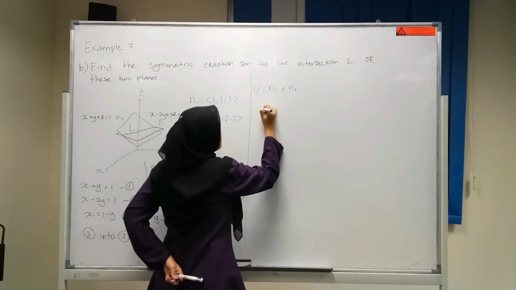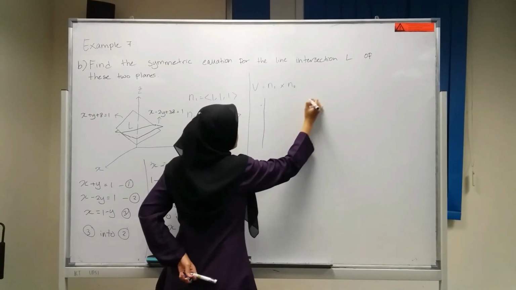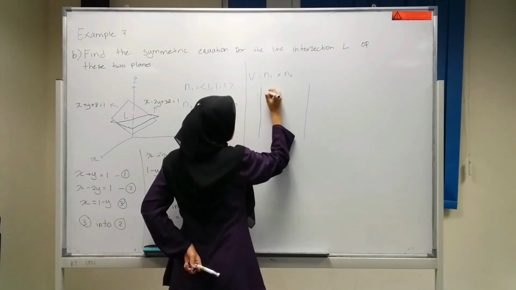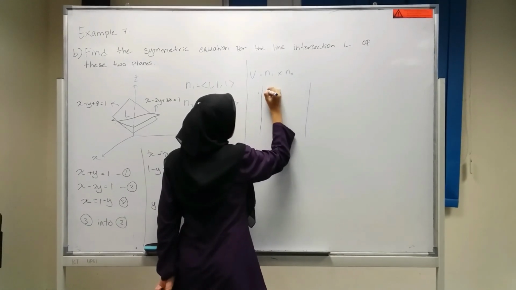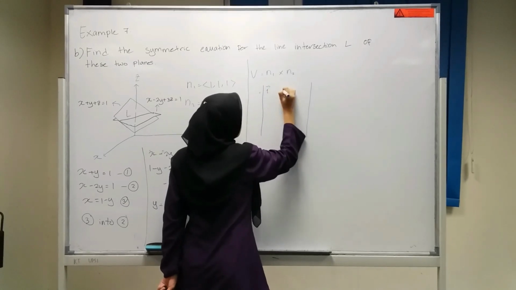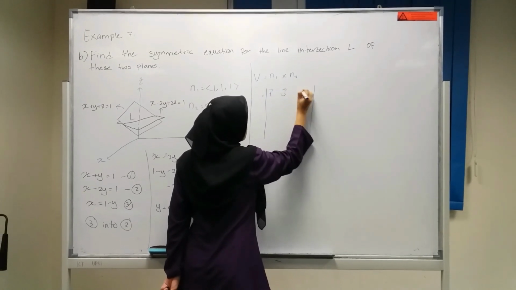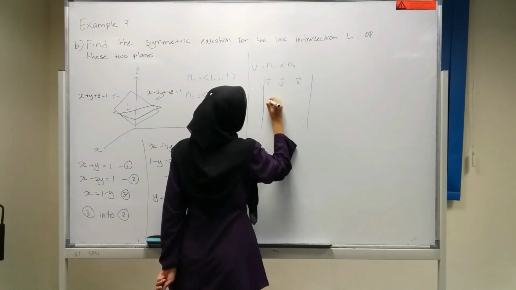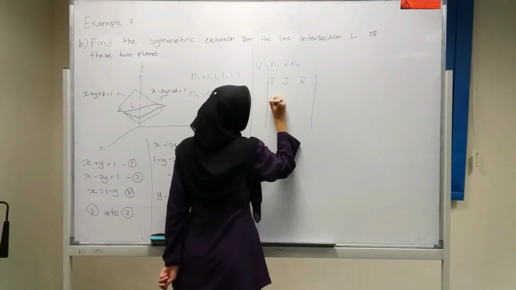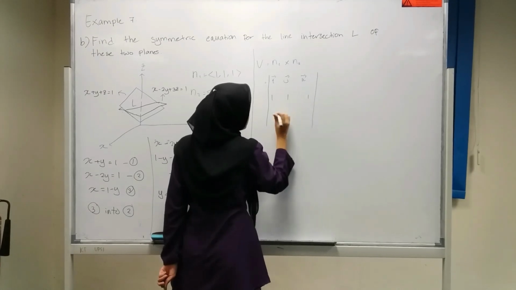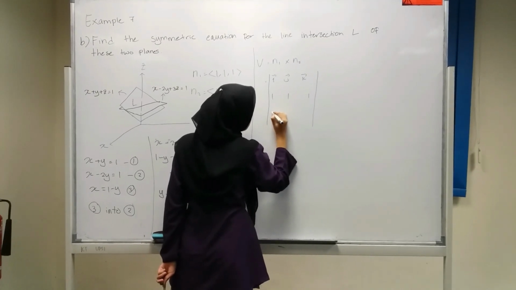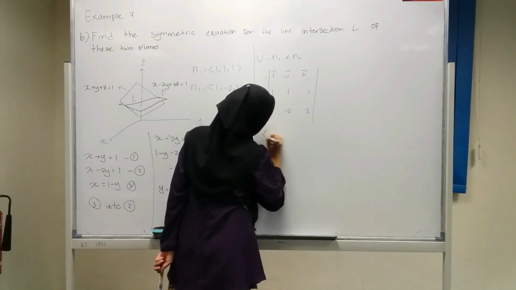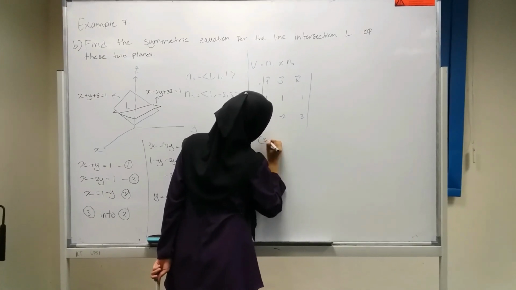So we can just solve it until we get the vector v. We put in the normal vector 1 value, which is (1, 1, 1), and the normal vector 2 value, which is (1, -2, 3), and we solve it.